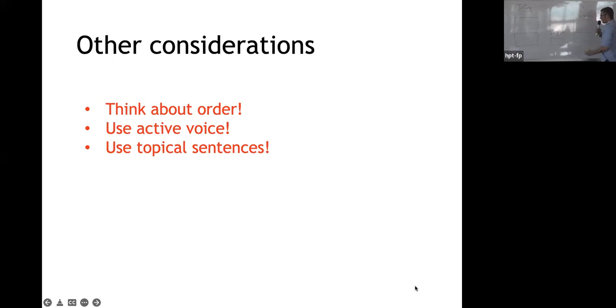So a topical sentence is the first sentence of your paragraph. The first sentence of your paragraph has to tell the reader what the paragraph is about. This is important. This helps the reader to know what you're talking about. Many students do the opposite.